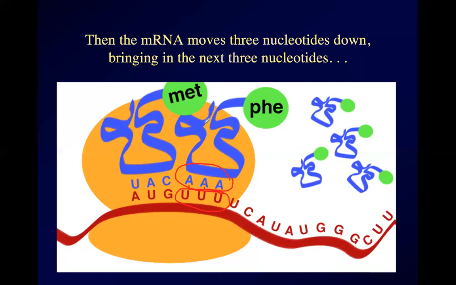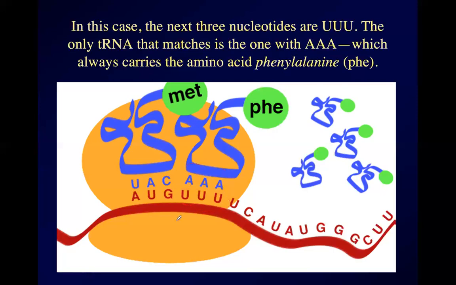And the only transfer RNAs that have AAA on the anticodon loop happen to be the ones that are carrying the amino acid phenylalanine, abbreviated Phe. So if the next 3 nucleotides here, that's the codon, are UUU, the only transfer RNA that can bond with that has AAA on the anticodon loop.